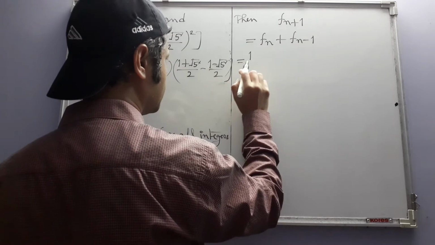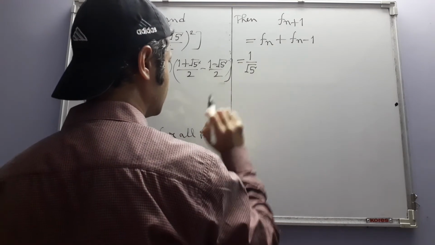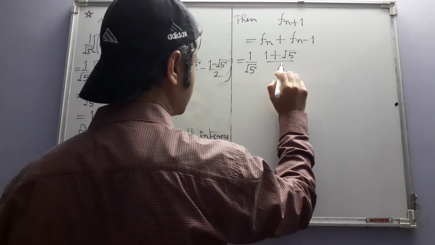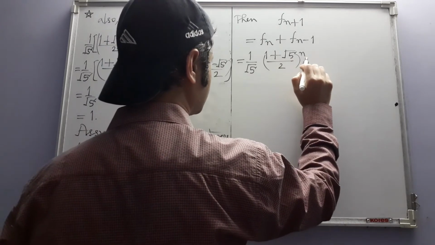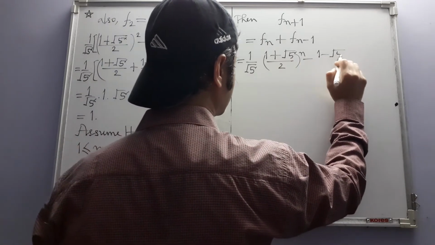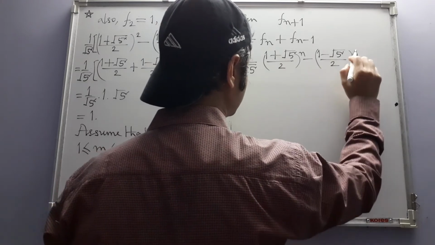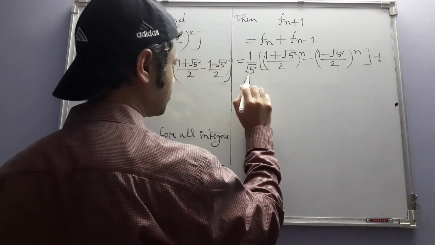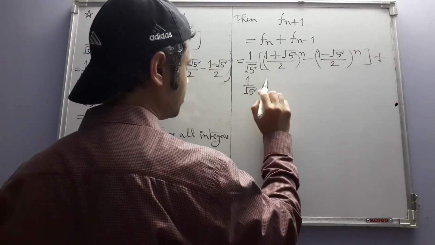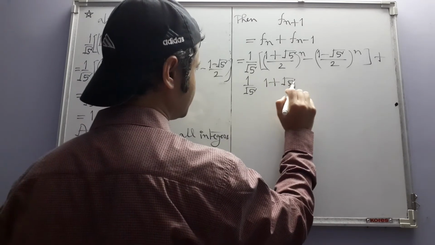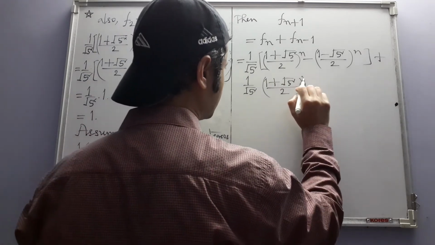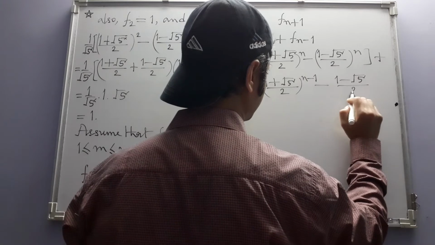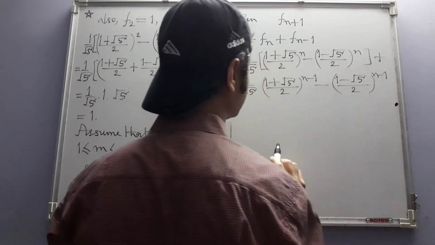Now Fn, according to our induction hypothesis, is 1 over root 5 times this, minus 1 minus root 5 divided by 2 whole to the power n, plus 1 over root 5, 1 plus root 5 divided by 2 whole to the power n minus 1, minus 1 over root 5 times 1 minus root 5 divided by 2 whole to the power n minus 1.